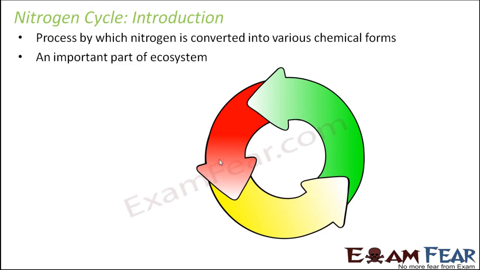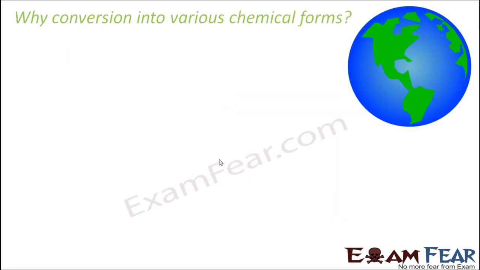Now the first question you might ask is why nitrogen needs to be converted into so many different chemical forms. Let us try to answer that. If nitrogen is there in the atmosphere, let it be there as it is. Why does it need to be converted into so many different forms?